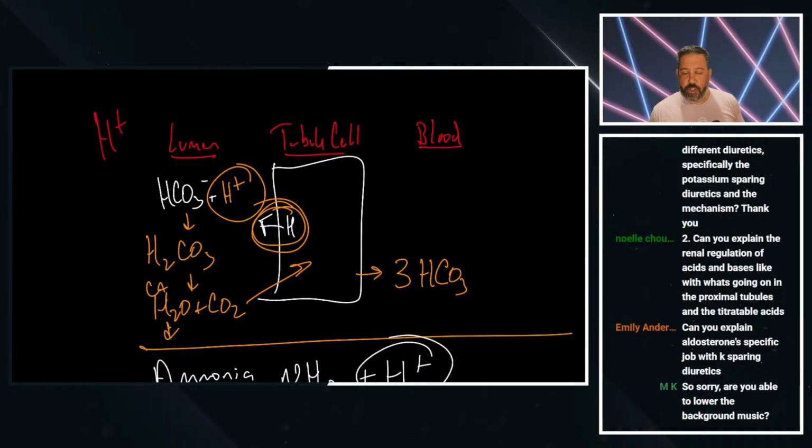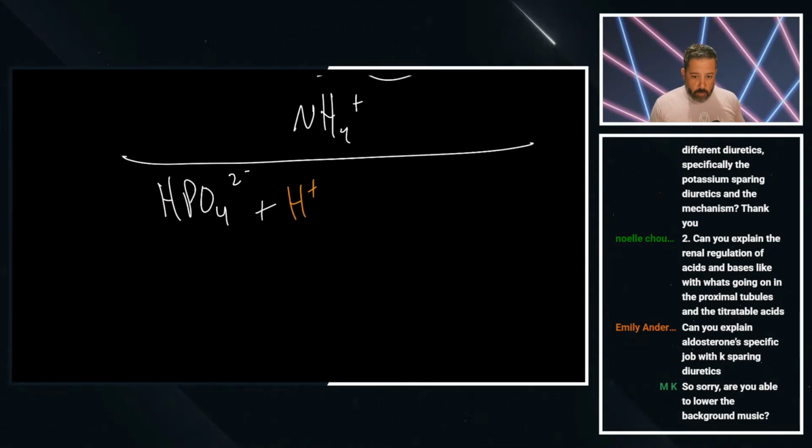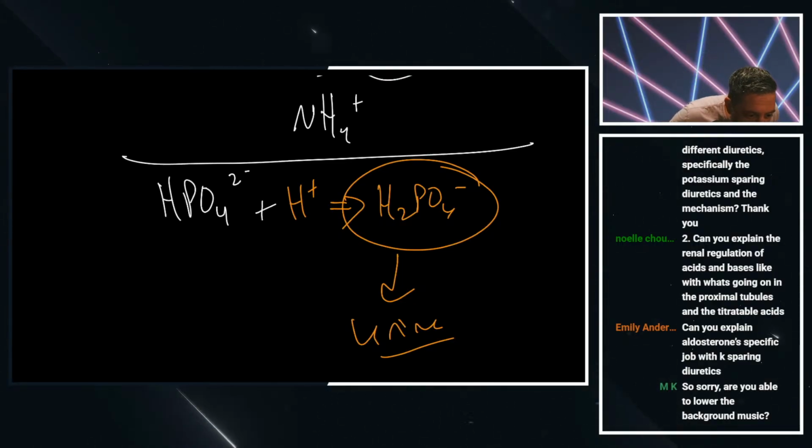We're just donating a hydrogen into the urine, further acidifying the urine, but getting rid of it out of the blood. So that binds to that, and that results in H2PO4 minus, and that just stays in the urine, and you just pee it out. So these are the types of ways these acids that we can titrate, we can attach a hydrogen to and get rid of. So that's the titratable acid stuff.